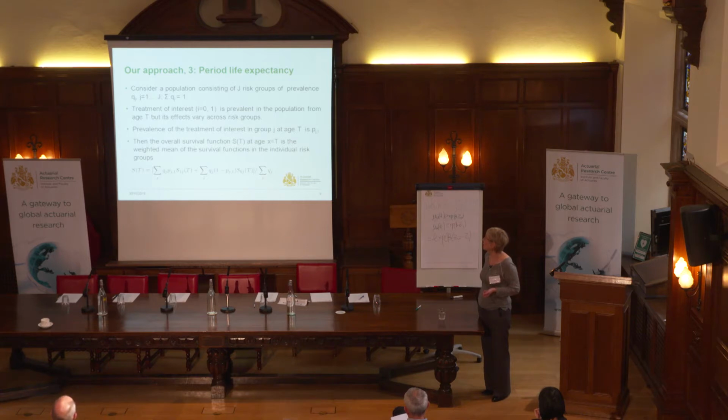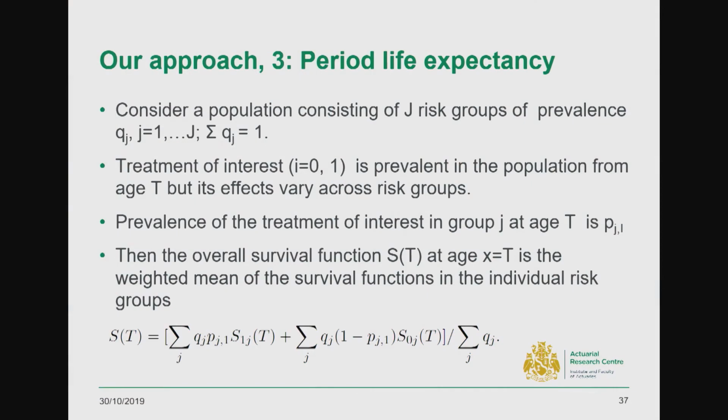And then I can write my overall survival function for a population at a particular age t as a weighted mean of survival functions in individual subpopulations.